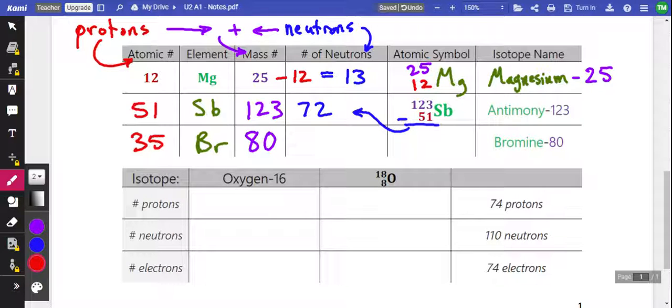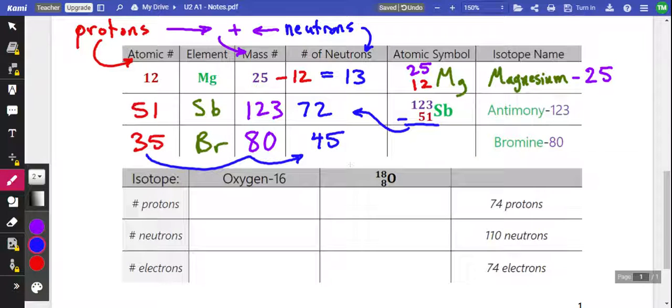Once I know my number of protons and I have my mass number, I can find my number of neutrons. If I have 80 protons plus neutrons, and I subtract out the 35 protons I know I must have, the rest of it has to be neutrons. So I should wind up with 45 neutrons here.